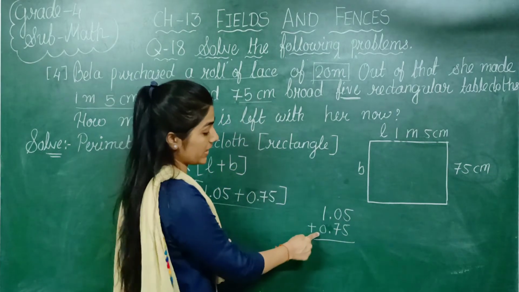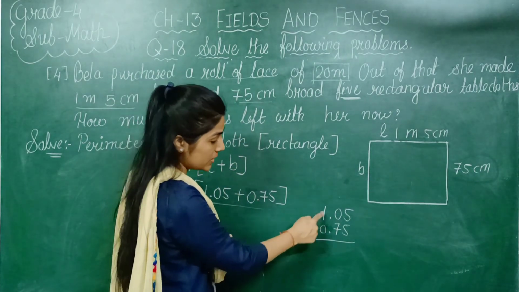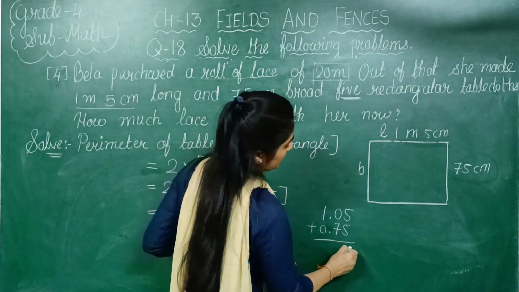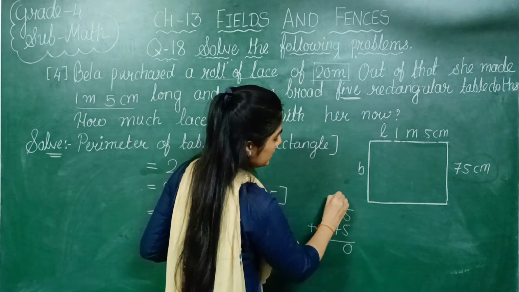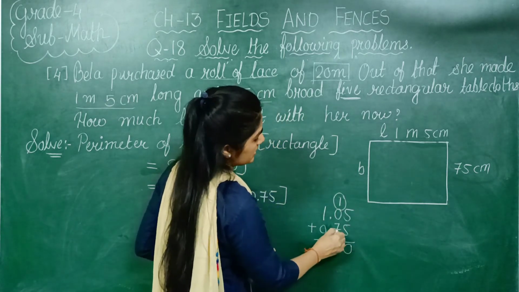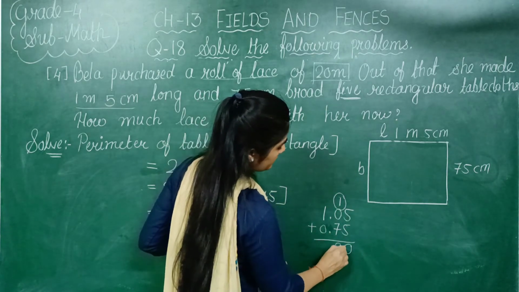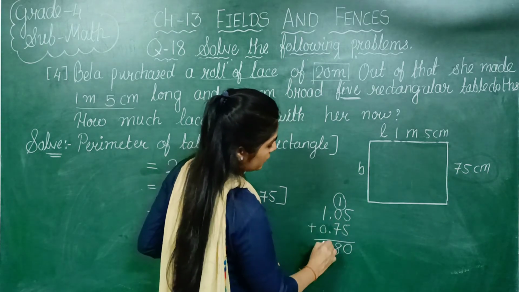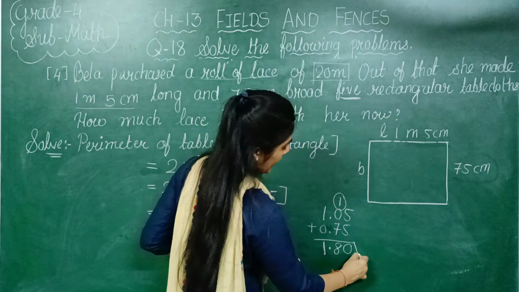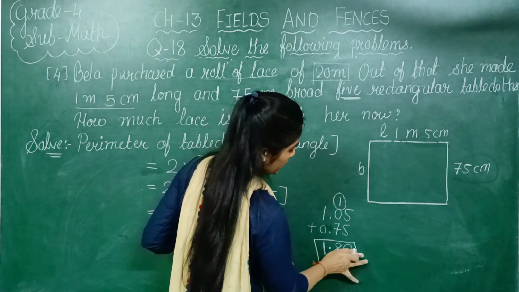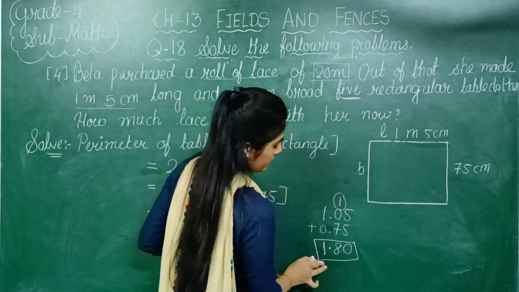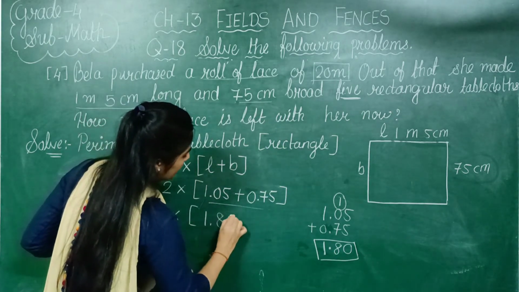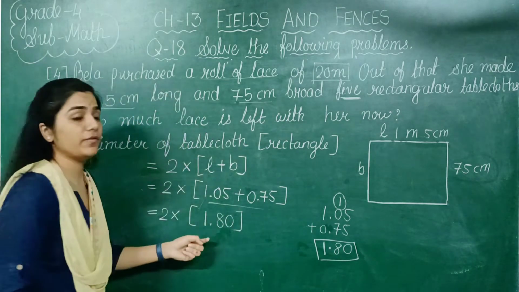And if there is no number, you can write 0 in the empty space. So 5 plus 5 is 10, carry on to the previous number, 7 plus 1 is 8. Put the point exactly below, and 1 plus 0 is 1. So you will get 1.80. This is your answer of the addition.